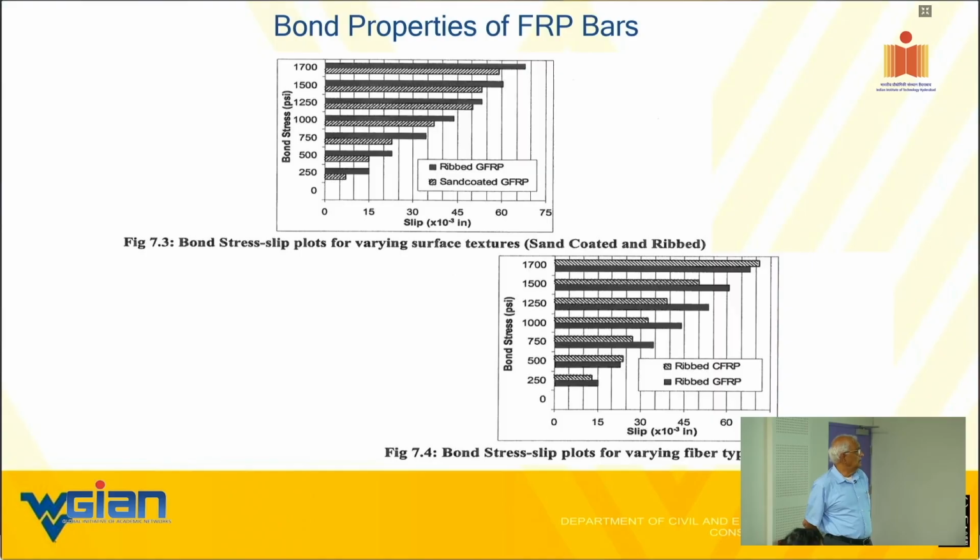Please, in this bottom one, I want to highlight, what is the takeaway message from the bottom one? It has nothing to do with CFRP or GFRP. Yes, there is some minor difference here and there, but essentially it is the bond effect between concrete and the bar.